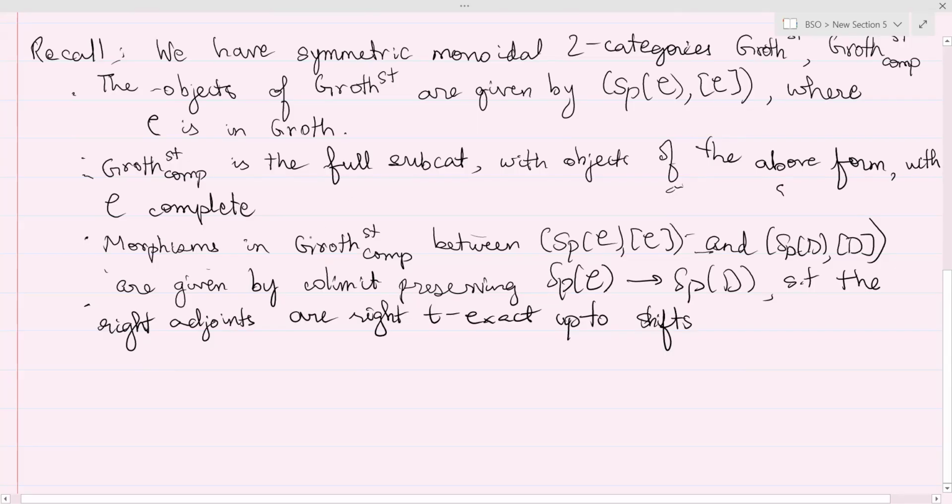Yeah. So the morphisms are just Coleman preserving functors which are right exact up to shift.